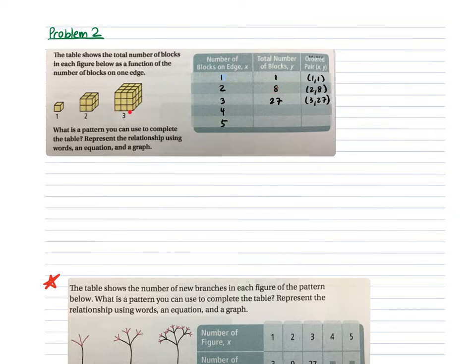Okay, and then when the edge is 3, right? There are 27 of these blocks here. So here's our ordered pair. So what's the pattern? Right, you can see 1 becomes a 1, 2 becomes an 8, 3 becomes a 27. These are making cubes, so the word cubed kind of helps us here. 1 cubed equals 1, 2 cubed equals 8, 3 cubed equals 27.